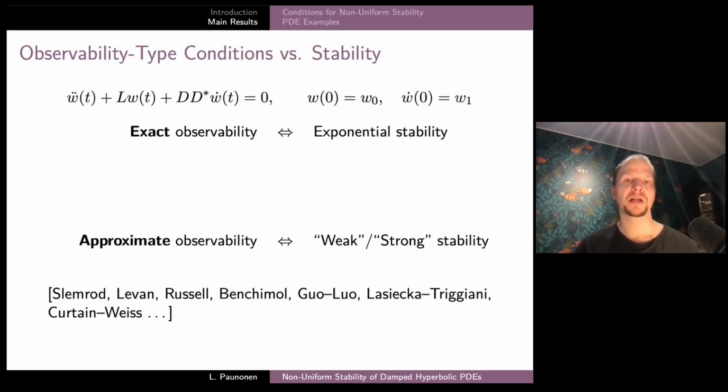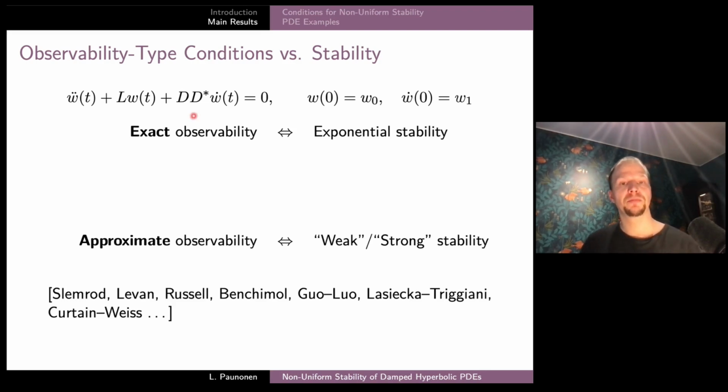What we are specifically interested in are so-called observability-type conditions relating the operators L and D. And this kind of an approach is not something that we arrived at by accident, but instead there's a long history in studying the relationship between observability properties relating L and D and the stability of this abstract differential equation.